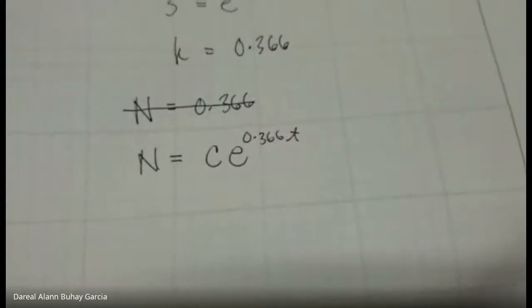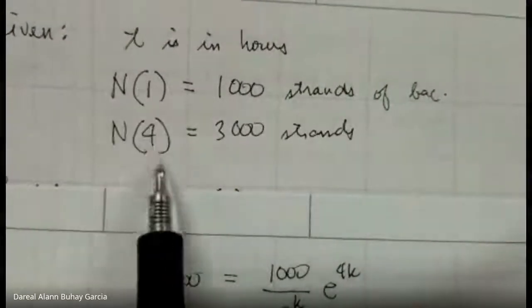Now, solve for C. How will we solve for C? We use the initial value again, either of the two. Let's use N at 1 equal to 1,000. At T equal to 1, N is 1,000, so 1,000 is C e to the 0.366 times 1.